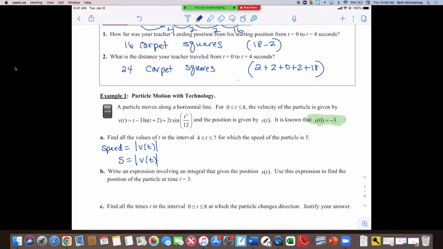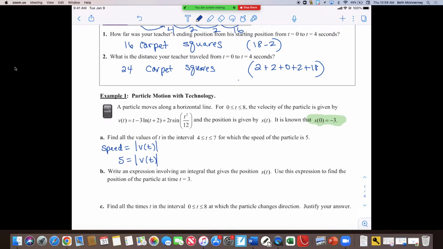So what I want you to do is go to your graphing calculators, and graph the absolute value of v of t and graph y equals 5 and find the points of intersection.